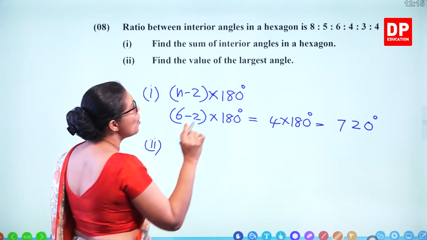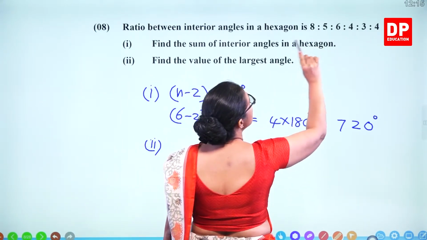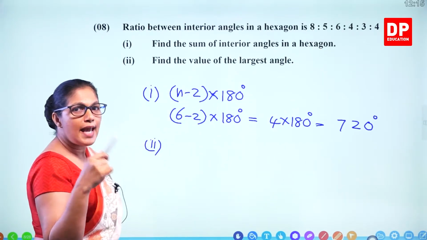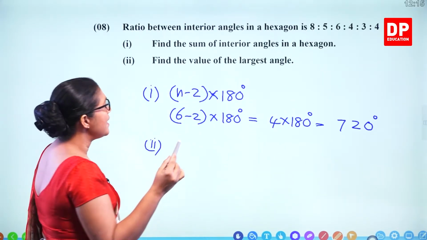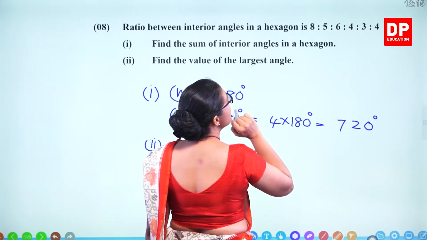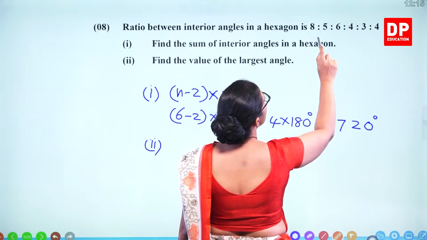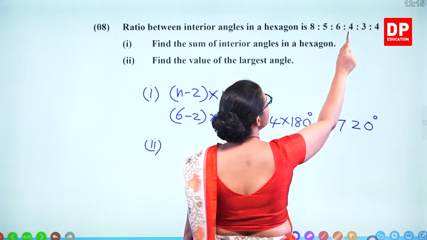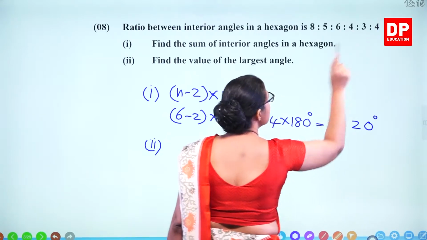Second part, find the value of the largest angle. So we have to find out the total. The ratio is given. So we'll put 8x, 5x like that. The sum is 720. So we'll add all together. 8 plus 5, 13. 13 plus 6, 19. 23, 26, 30.